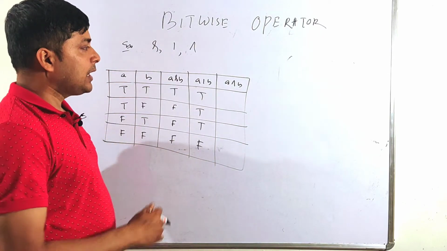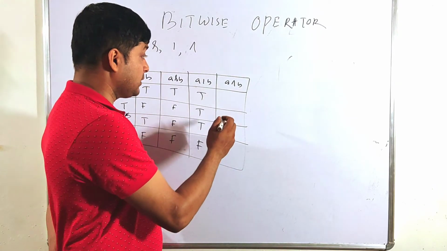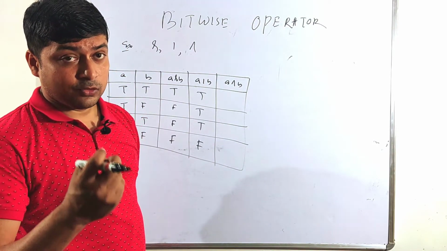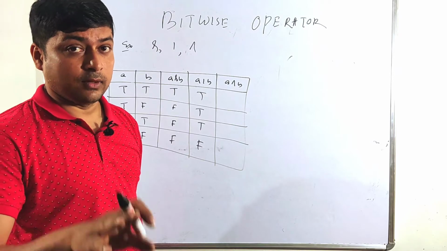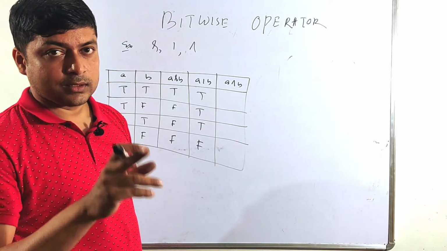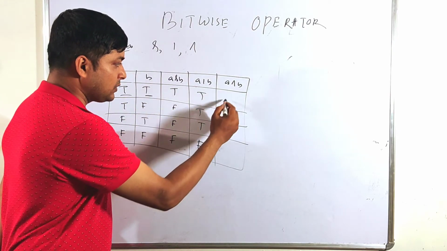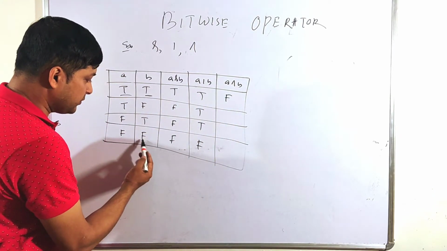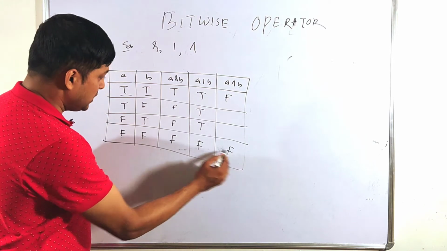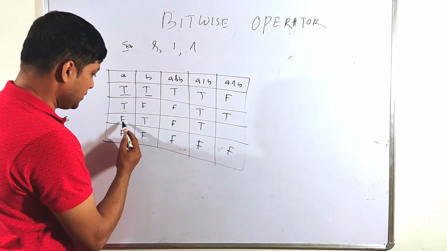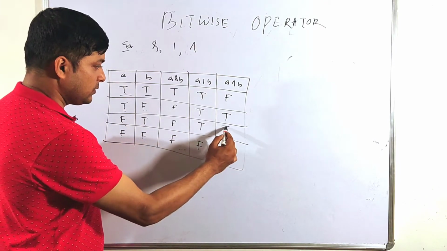Now A XOR B. XOR means if both conditions are the same, the answer is false. Clear? Example: true, true, same, so the answer is false. False, false, same, answer is false. Here the conditions are not the same, so the answer is true. Here also not the same, so true.